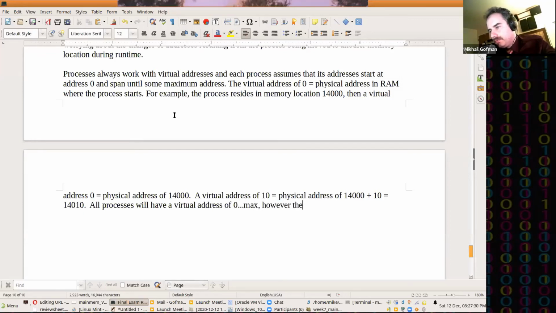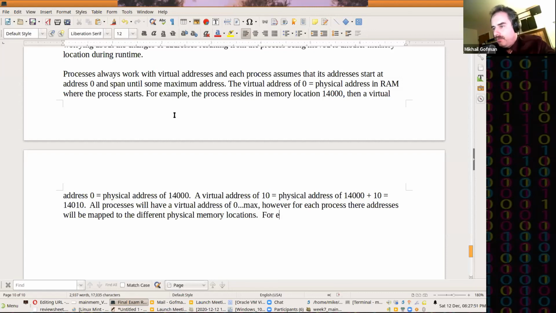However, for each process, these addresses will be mapped to different physical memory locations. Okay, like that.